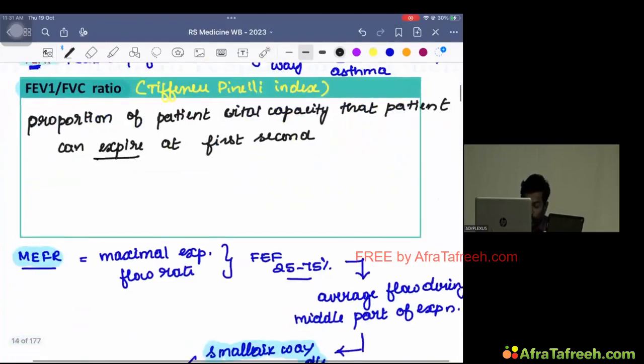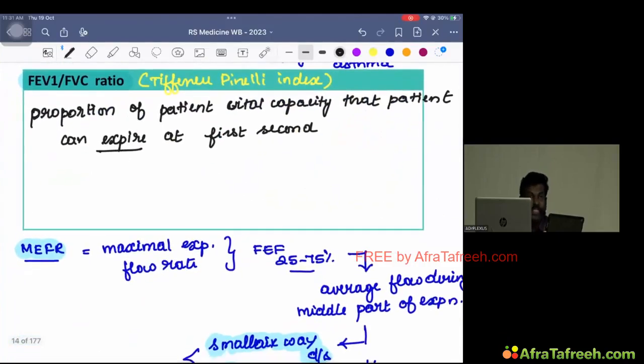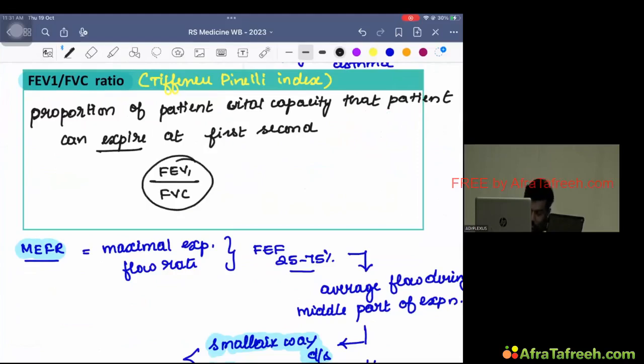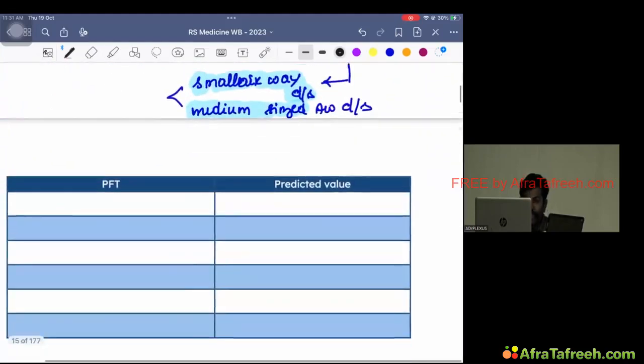This is the total amount of air, and in that, how much air the patient expires in the first second. We calculate FEV1 by FVC, and this is very important.